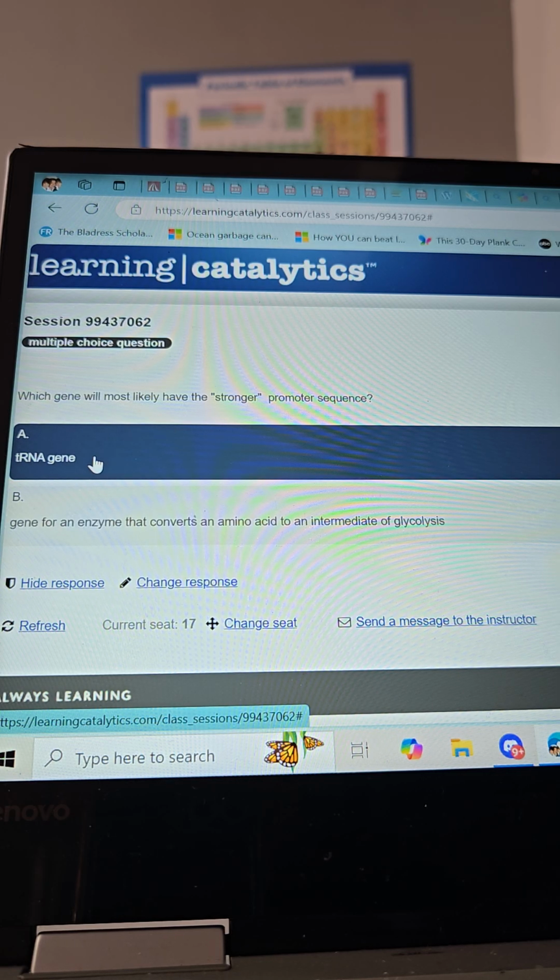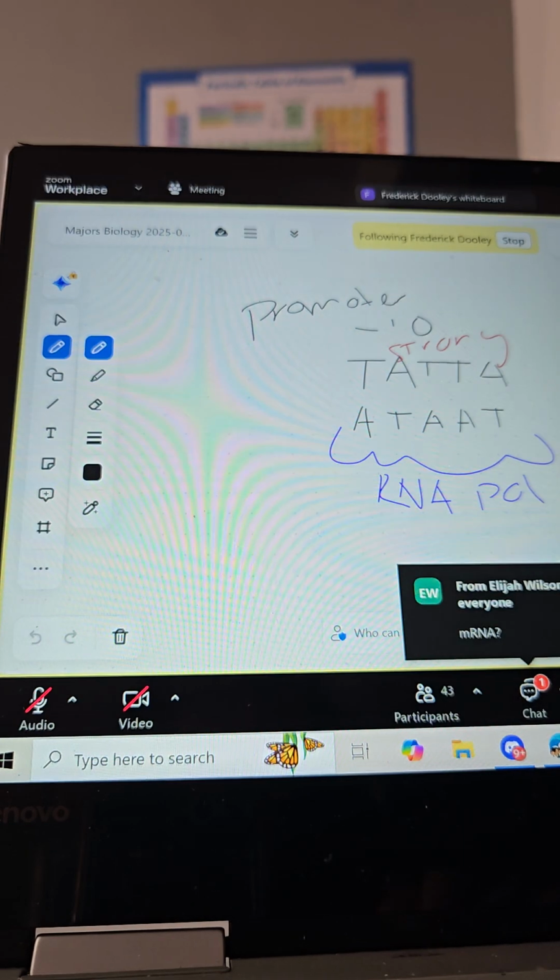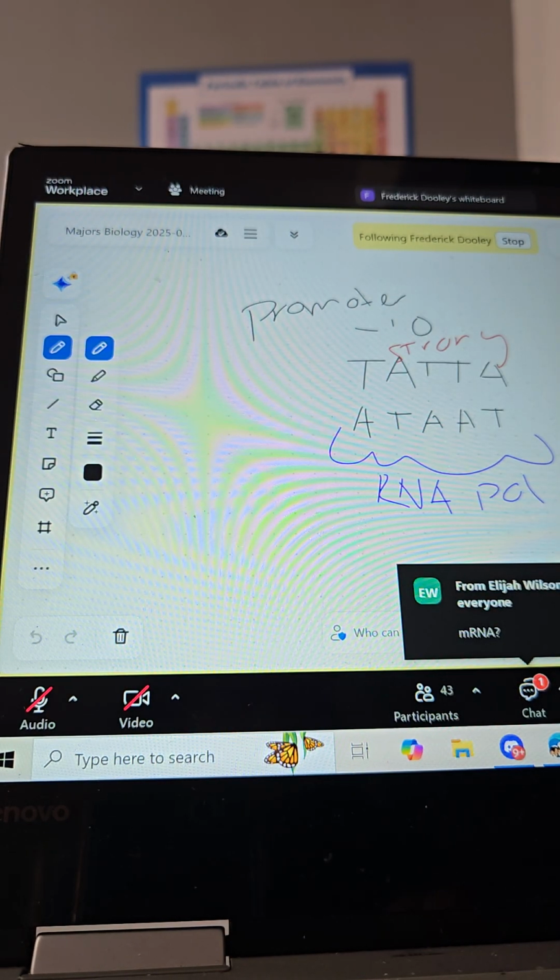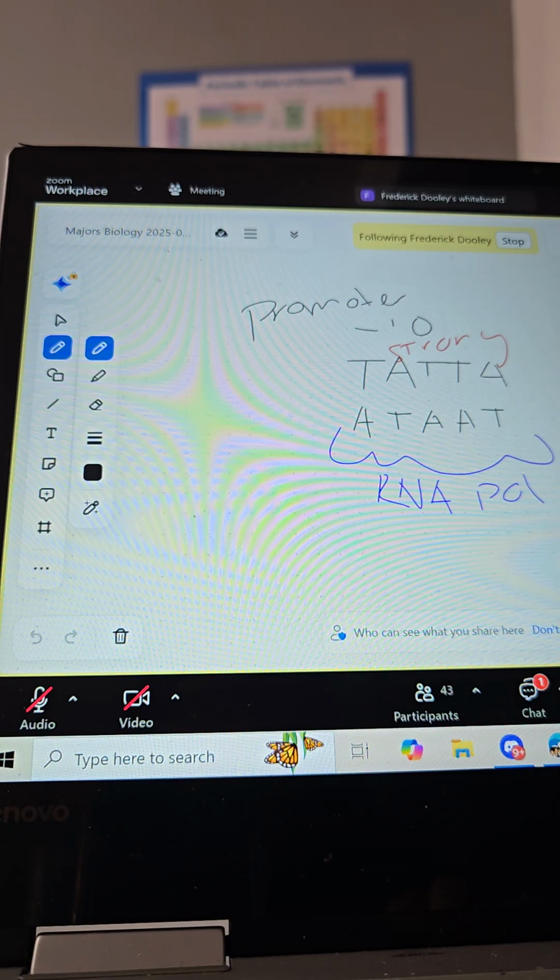AUG? No, because AUG is a codon. It's not a gene. Wouldn't it be like mRNA or something? What do you mean, mRNA? Because mRNA is what we're making on everything, right? That's the point here. That's transcription.